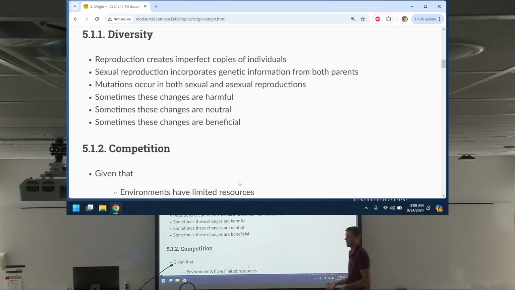They're never perfect. Sometimes these changes are harmful, and that's the way it is. If a living thing had a mutation that made it unable to digest food, well, it's not going to last very long, is it? Some changes are neutral, benign, have no real impact.